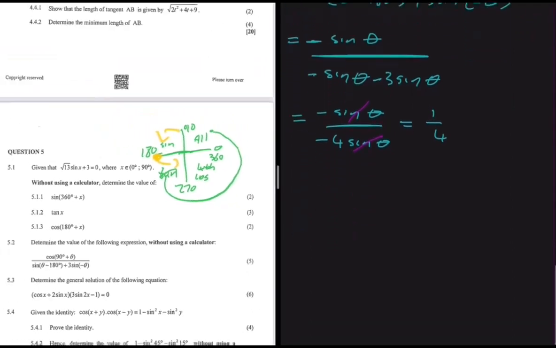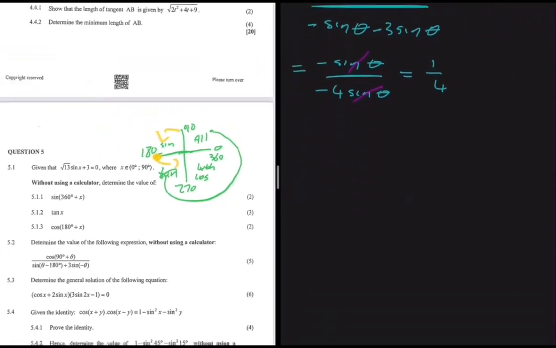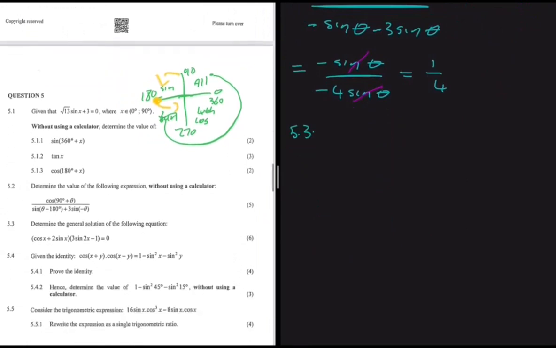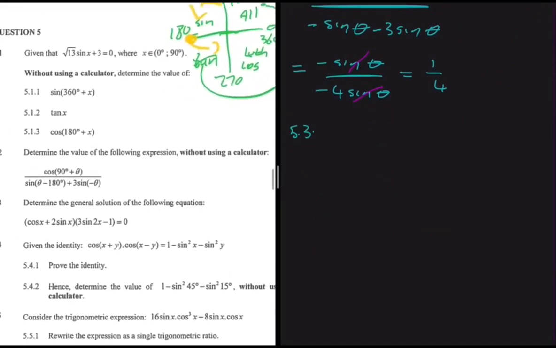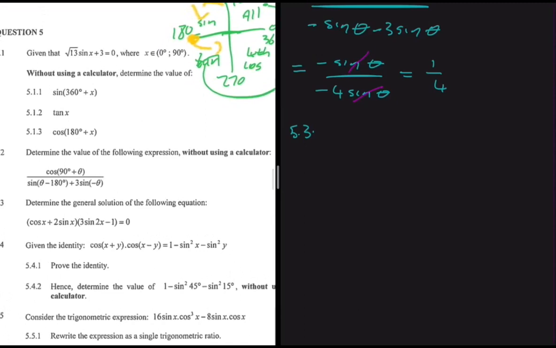Now let's do 5.3. So 5.3 says: determine the general solution of the following equation. We have cos of x plus 2 sine of x, multiplied by 3 sine of 2x minus 1, being equal to 0.